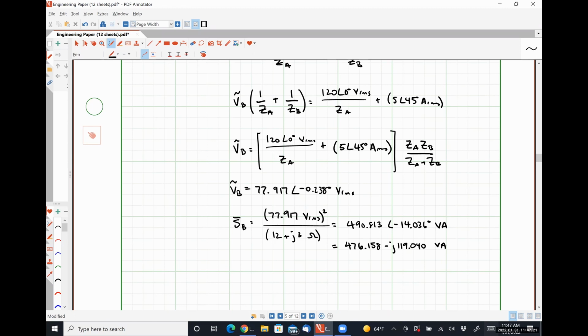So, Luke, which part of all of this junk that I just wrote down was I actually asked to find? The magnitude, right? So I wanted the apparent power, so it's just this part right here.